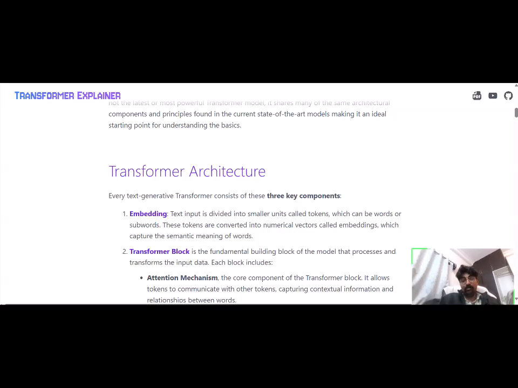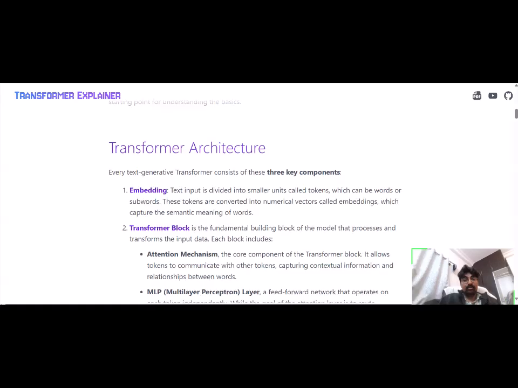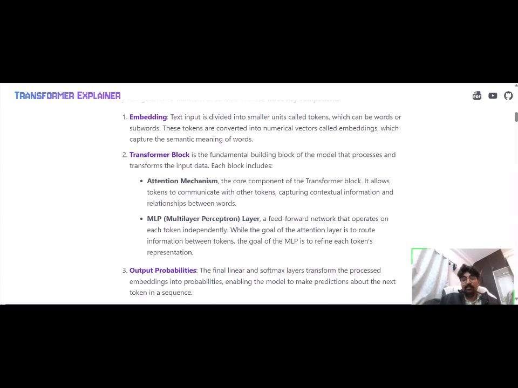Okay, then what are the building blocks of the transformer? What is the transformer architecture? Transformer mostly has three building blocks: first is embedding, second is the transformer block, third is probability. In the flow, for example, we give input text.